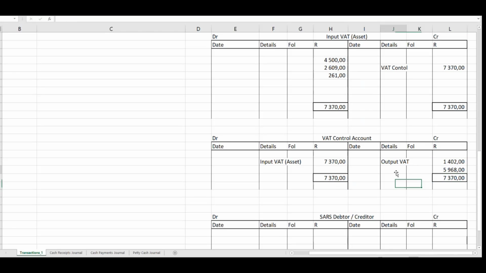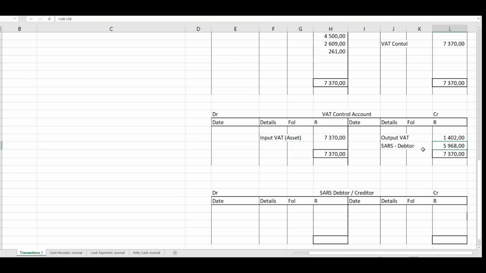And this is what we call SARS debtors or creditors, but here it's going to be SARS debtors' account. And then a debit to an account is a credit to another account. It means on the SARS account, we're going to have that amount, which will be the VAT control account.